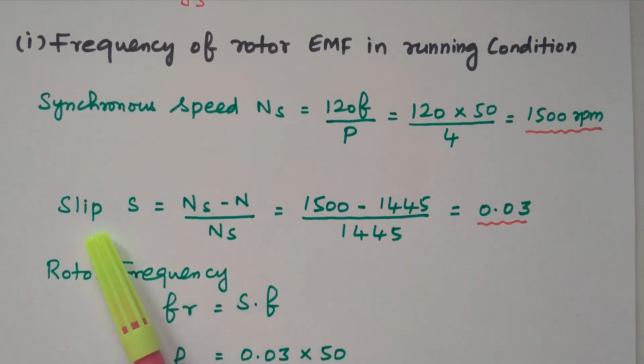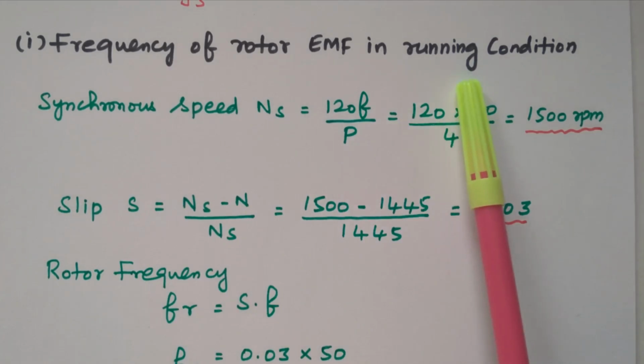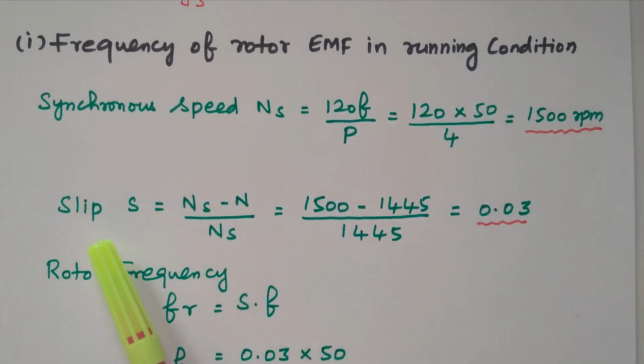Now we will calculate the slip, because to find the running condition we need the value of slip. The formula for slip is Ns minus N divided by Ns, the difference between synchronous speed and rotor speed divided by synchronous speed. The rotor speed is given in the problem, 1445 rpm, and the synchronous speed is now calculated.